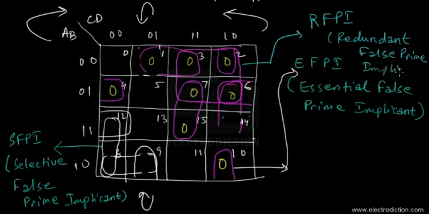So that's how you designate these various terms after you fill up the groups, and if a question asks you to point these out, you can do it this way.